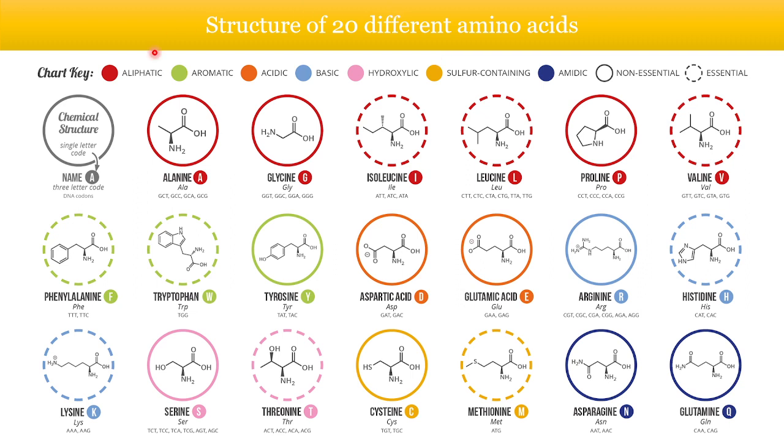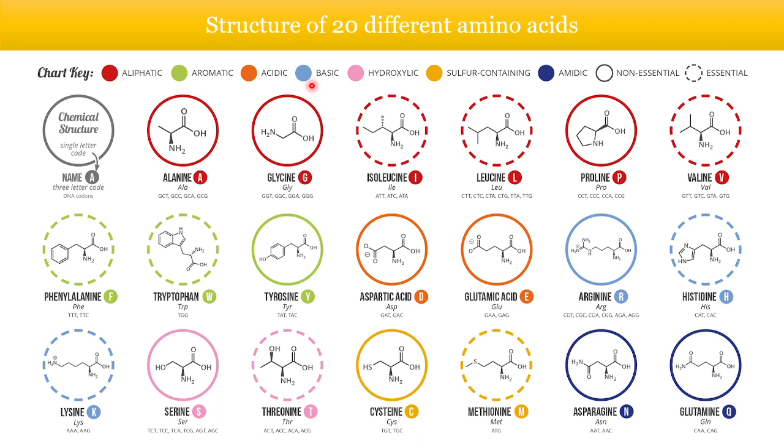So this is the chart key, which says that amino acids can be classified based on the side chains, say aliphatic side chains or aromatic side chains, and on the charge on these amino acids. They can be acidic amino acids, basic amino acids, and also on the side chains, whether they have a hydroxyl group or a sulfur containing group or an NH2 group, and which amino acids are essential for us and non-essential for us.